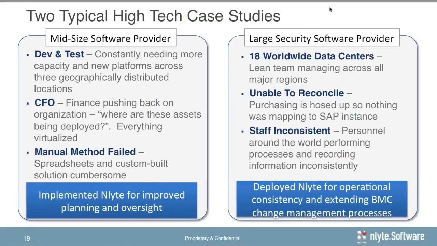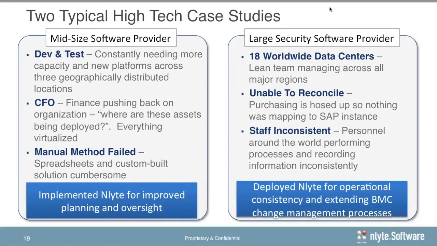The CFO was always asking, where are these assets being deployed? He felt like there were always new POs coming across his desk, and everything was virtualized, so nobody could really tell them where the physical assets were. And they had implemented spreadsheets and had a custom-built solution to try and manage this. Candidly, it just wasn't working, and it just wasn't getting updated.